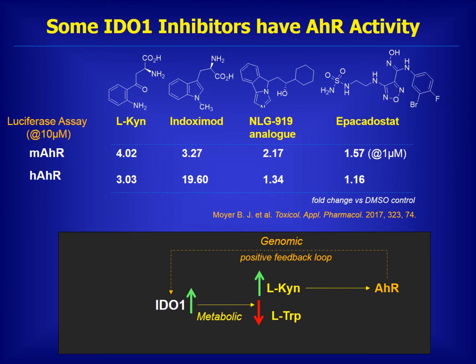In particular, some IDO inhibitors have indeed been recently reported to show activity at the aryl hydrocarbon receptor. Briefly, this receptor is able to upregulate IDO1 gene expression. As a result, the enzyme increases its catalytic activity, leading to the production of L-kynurenine, which is indeed an agonist of this receptor.